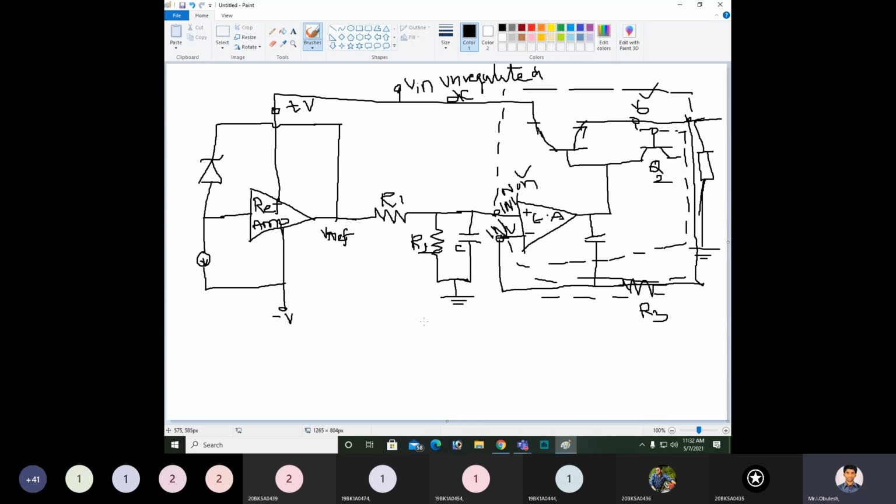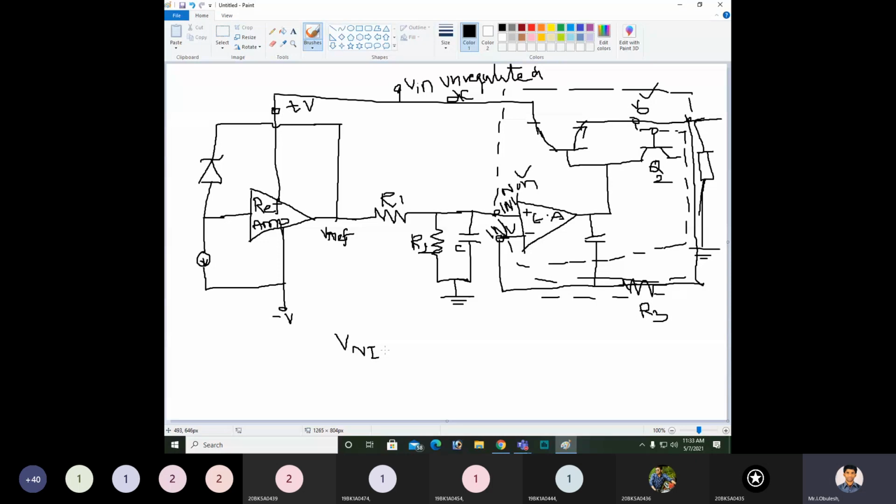See, we need to assume that here V input of the non-inverting input terminal. You need to take the non-inverting input terminal input.